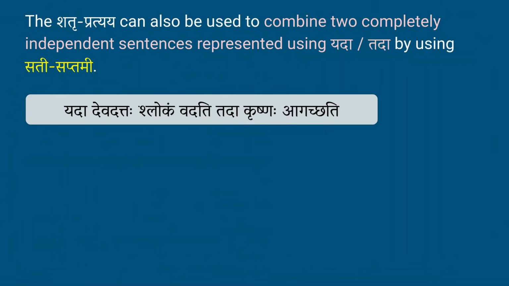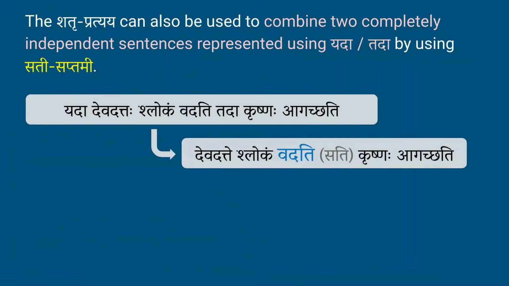This sentence can be rewritten by removing the words yada and tada and instead by applying the Shatru Pratyaya on the dhatu vada by saying Devadatte Shlokam Vadati Sati Krishnaha Agachati. Observe what has been done.